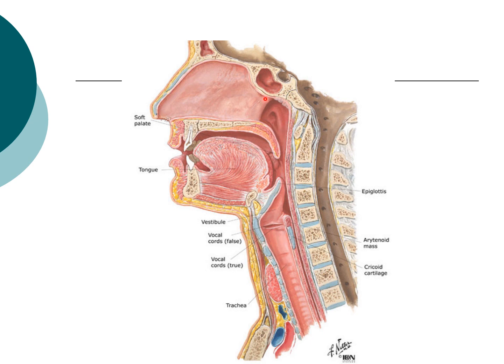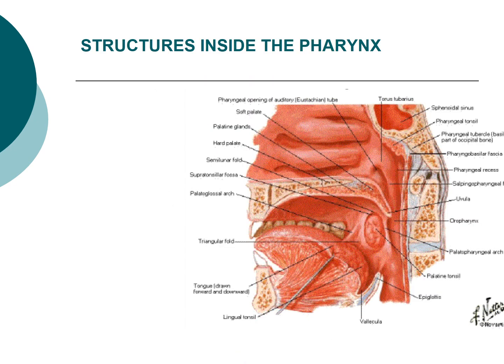We are going to concentrate on the upper part of the pharynx now, which is called the nasopharynx. Here is the nasopharynx. This part here is the nasopharynx. It extends from the base of the skull to the level of the uvula.